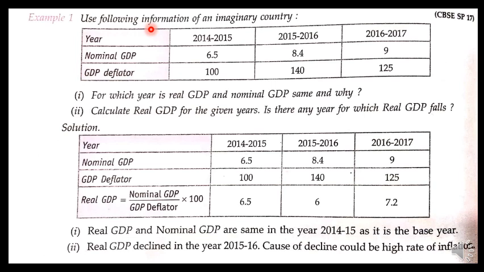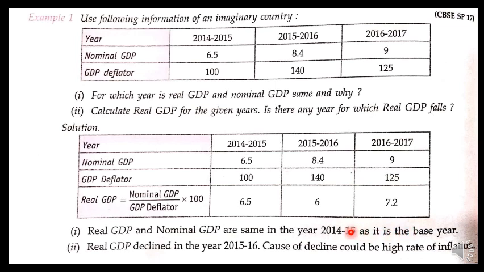The question says, based on the given data, find out for which year is real GDP and nominal GDP same and why. So we will see the first part. Now see 2014-2015. Here nominal GDP, GDP deflator, substituting the values, you get the same value. So nominal and real GDP is same for the year 2014-15 as it is the base year.